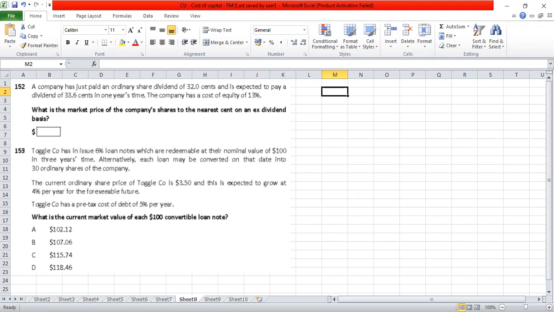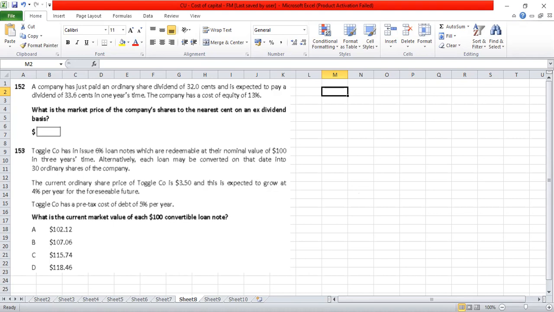So these are convertible debt capital. This debt capital gets converted into equity at the end of the 3 year period into 30 ordinary shares. The current ordinary share price of Toggle company is 3.50 and this is expected to grow at 4% per year for the foreseeable future.